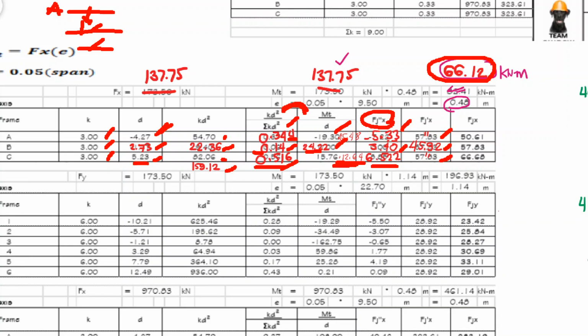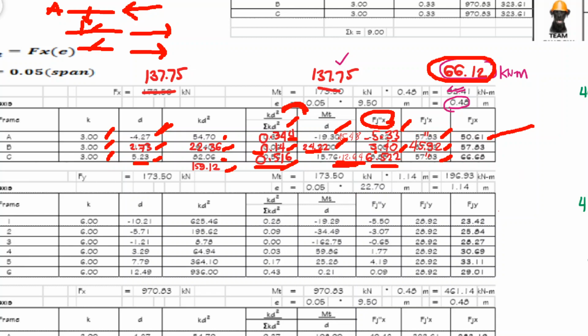You will notice that the only negative fj double prime x is frame A, because it is the only one going to the left. Frame B goes to the right, and also frame C. So they are additive. Negative 5.33 plus 45.92, get the answer.